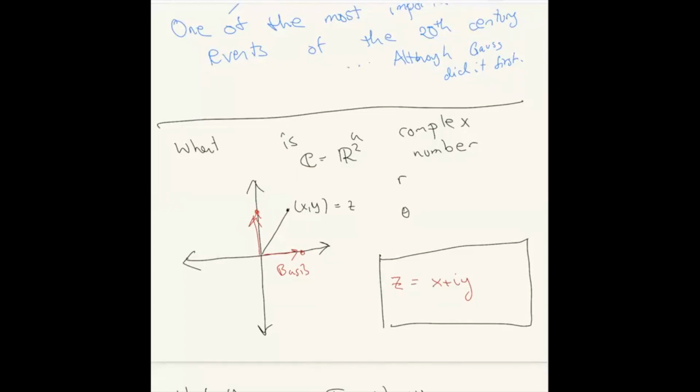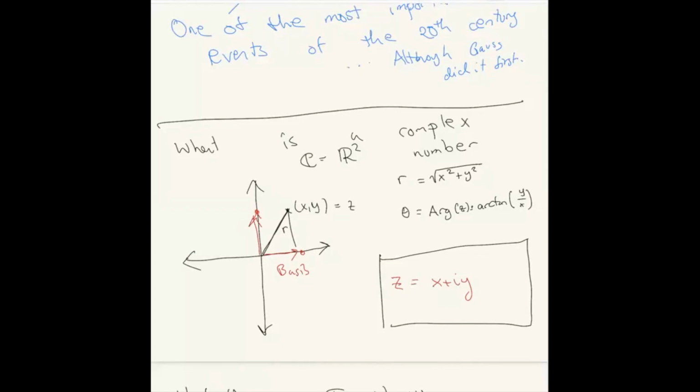Now, there are some things that are immediately evident from this picture. There is the length of this point, or the distance to the origin, r. So the polar coordinates, one of the polar coordinates, that's square root of x squared plus y squared. And then there's the theta, which is sometimes known as argument of z, which is arctan of opposite over adjacent, so y over x.